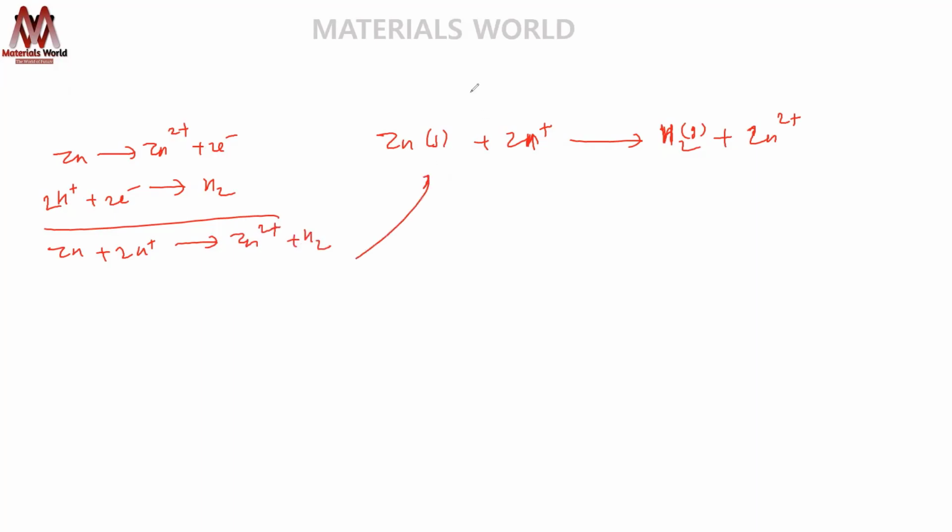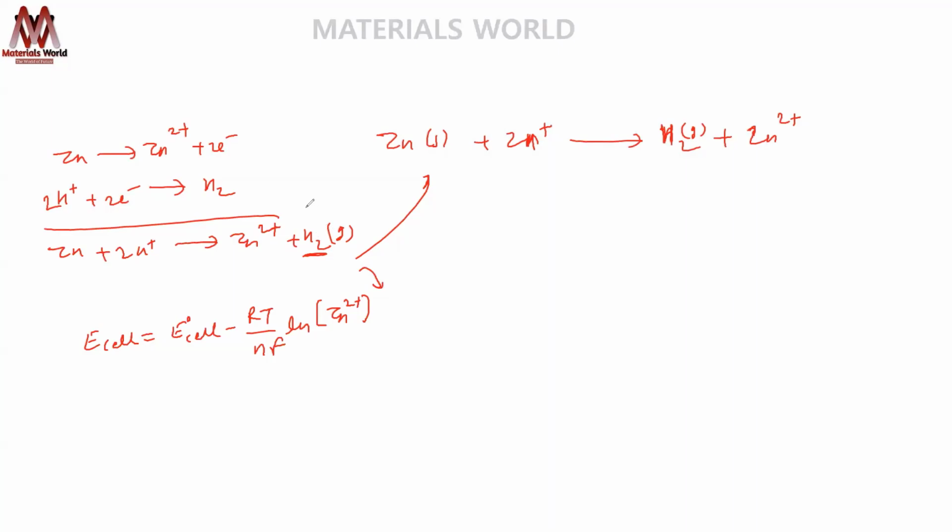So what is the next equation for this? E cell equals E naught cell minus RT by nF. At room temperature it's not given, so let me write the whole expression. I don't need to write 2.303 because in your question it is given to calculate ln. The product is Zn2+. H2 is a gas, so you must write it in the form of partial pressure.